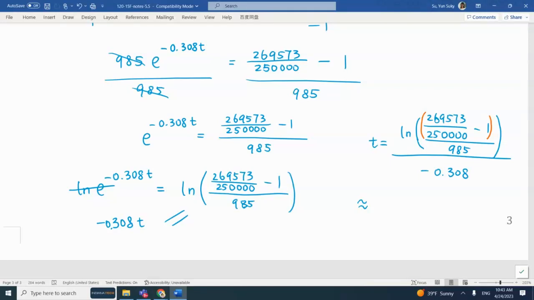This is your numerator. If you have ln of this, we divided by 985, and then all over negative 0.308. This is what it is. It's ln of this whole thing.